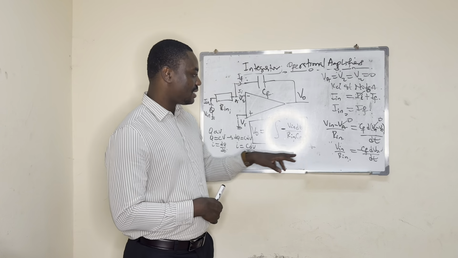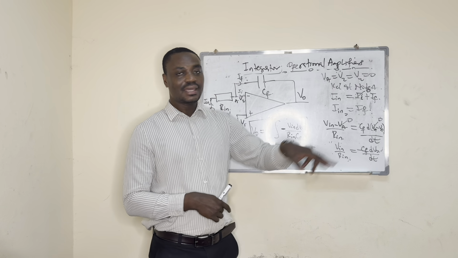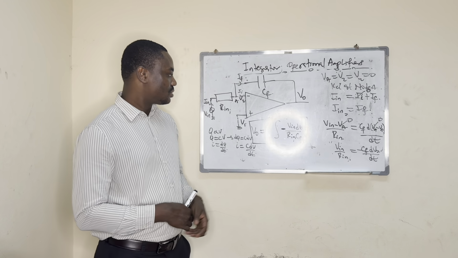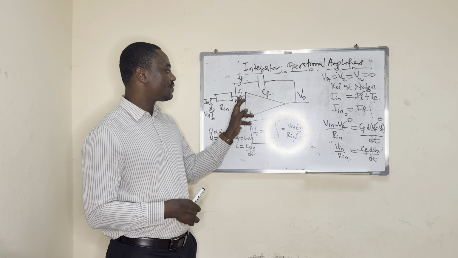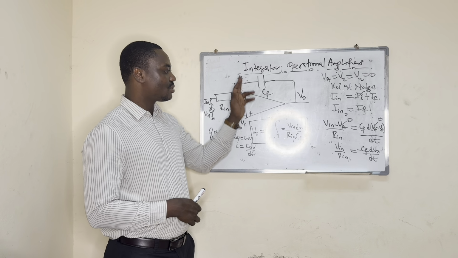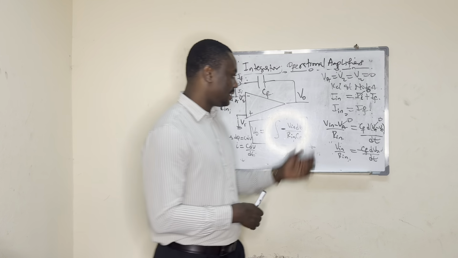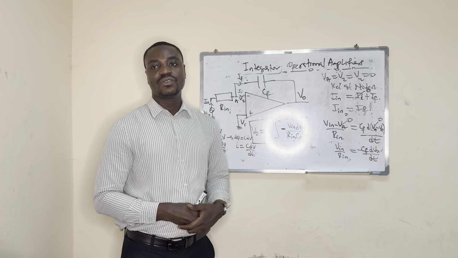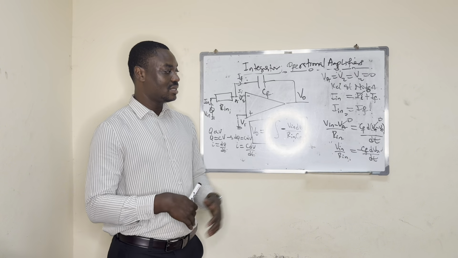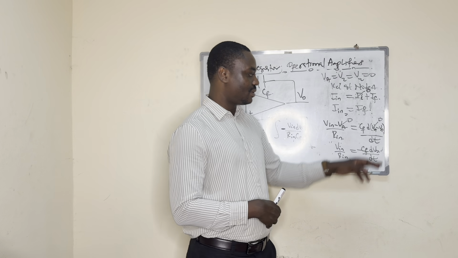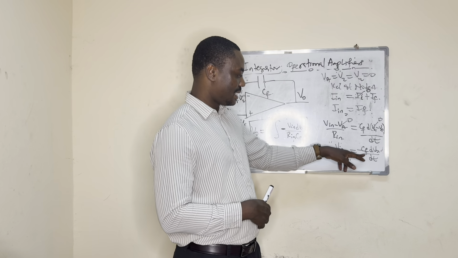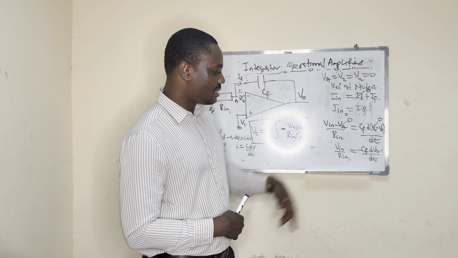The voltage here is also the potential difference between the two voltages. IF is originating from node A, so node A becomes the higher potential, then current arrives at VO, so the output voltage becomes the low potential. So we have VA minus VO. You can see here we get a minus, so you take the minus out and we end up getting this relation.